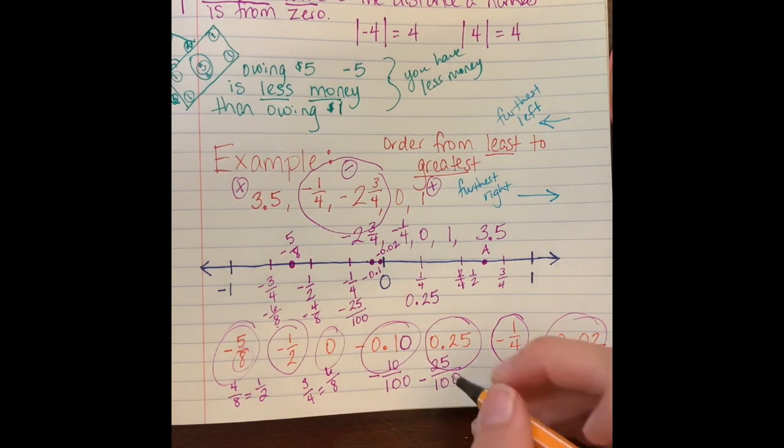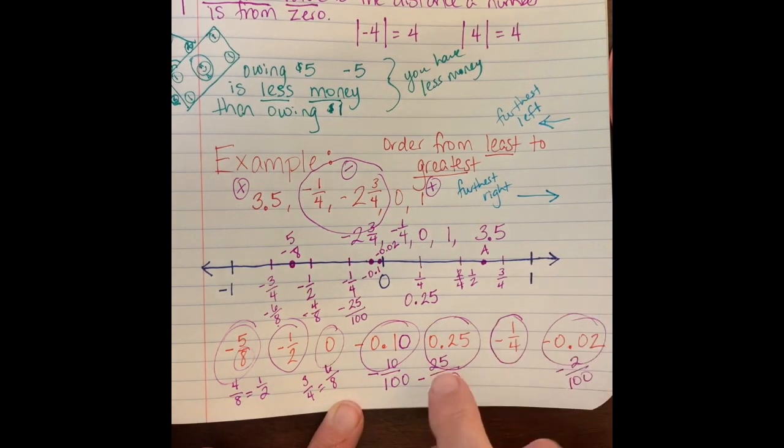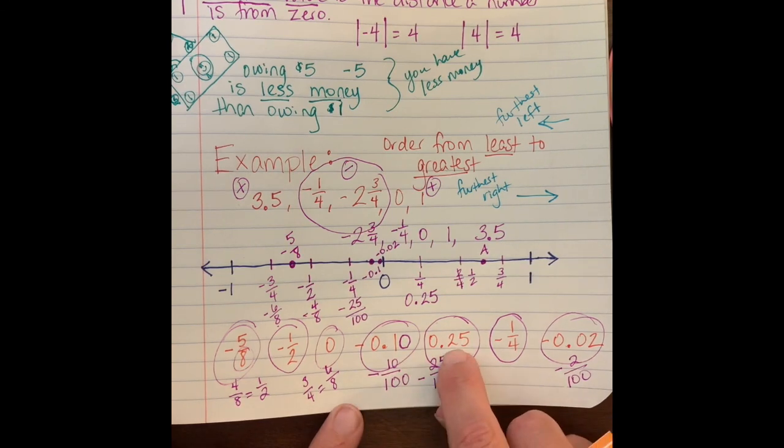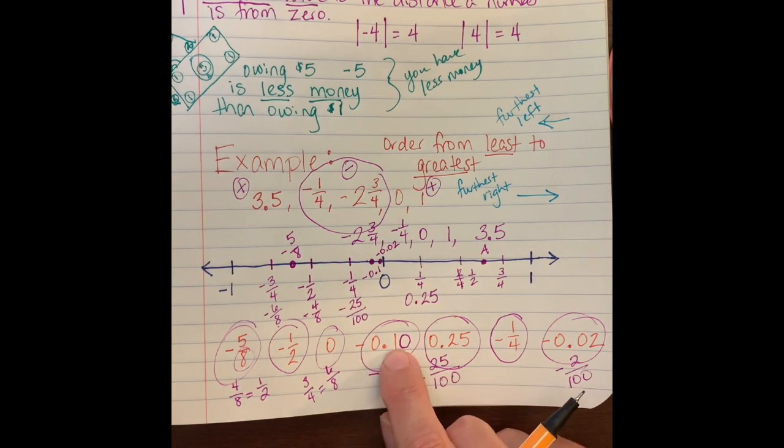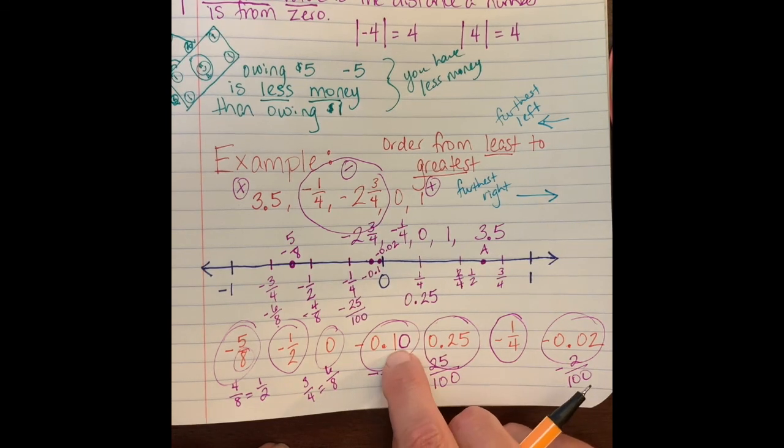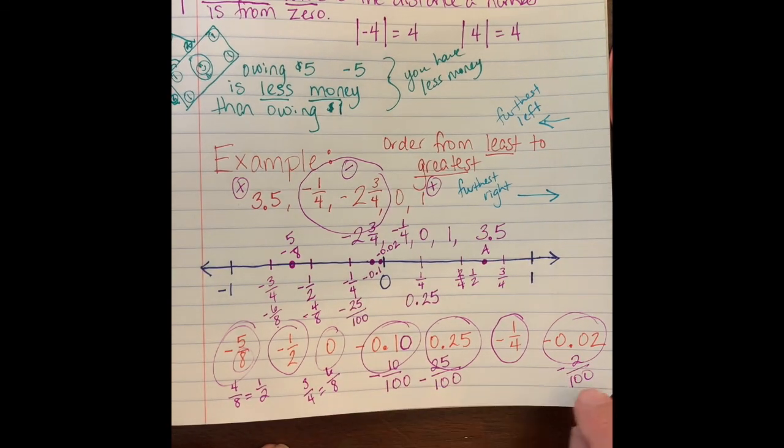I recommend really learning this trick right here: how you say a decimal is how you write it as a fraction. 25 hundredths, 1/10 is 10 hundredths, 2 hundredths. Okay, so there we go.